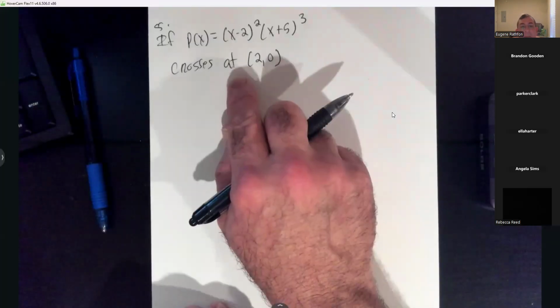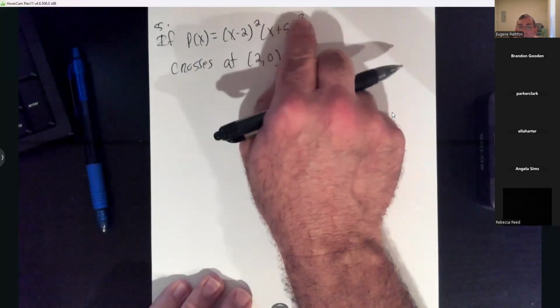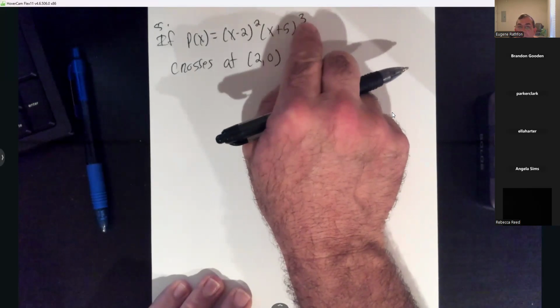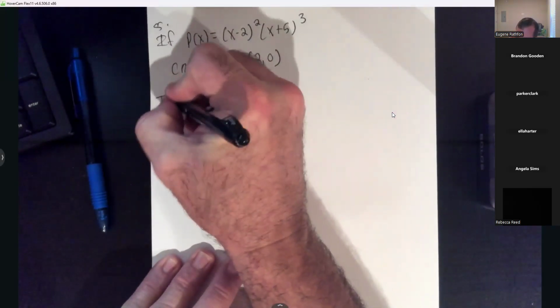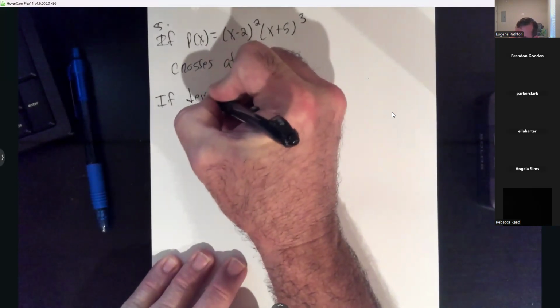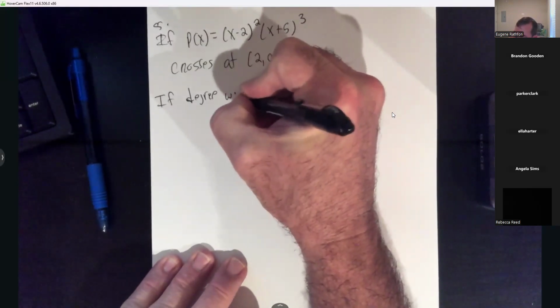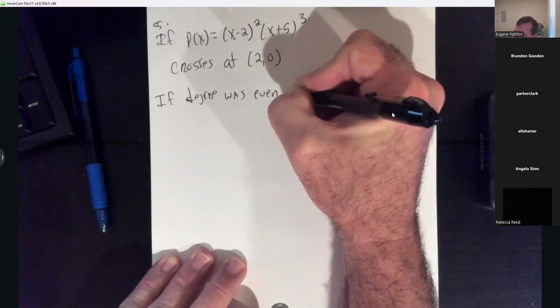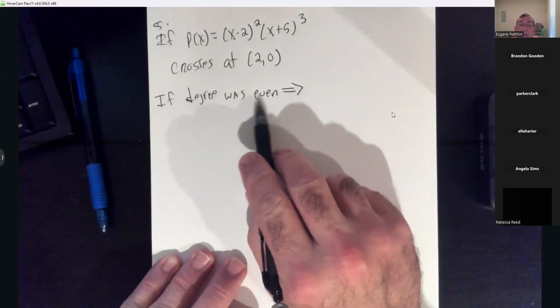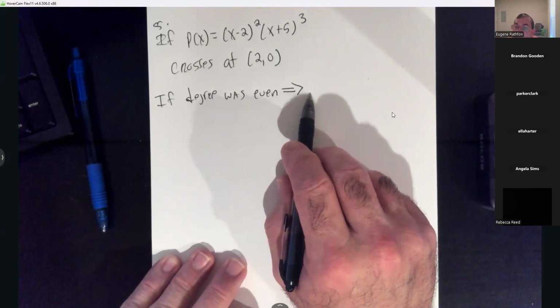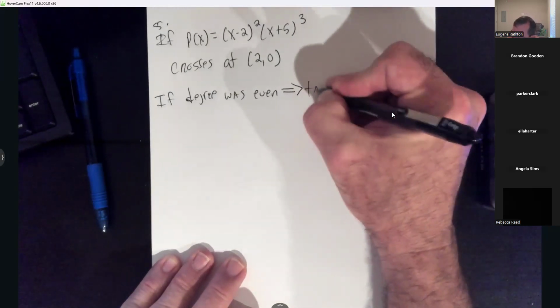All right, so we had a thing that was talking about these degrees. My degree 2 here, and I got a degree 3 here. So we had some rules. If your degree is even, then it's going to be tangent at the x-axis.